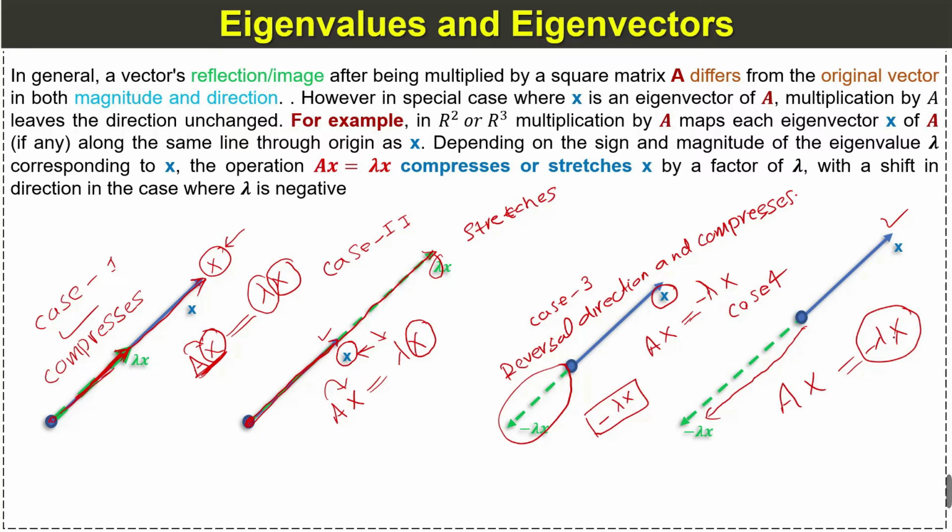The vector x is stretched by a factor of lambda and in a reversed direction. So when we multiply the matrix A with the vector x, which equals some scalar times the vector x, the vector will compress or stretch, or shift in direction when lambda is negative.